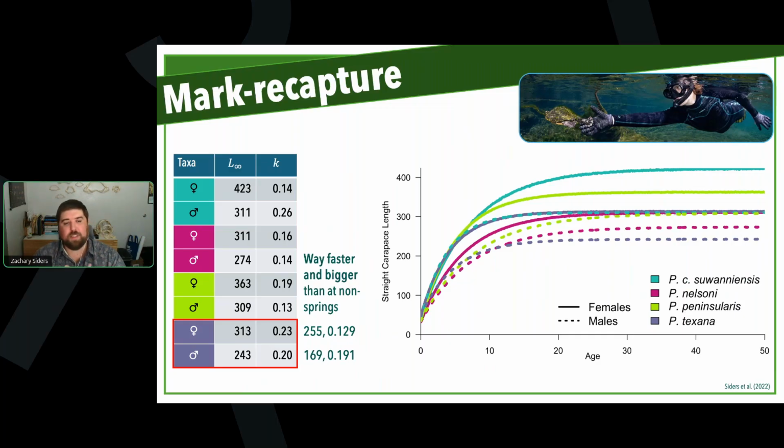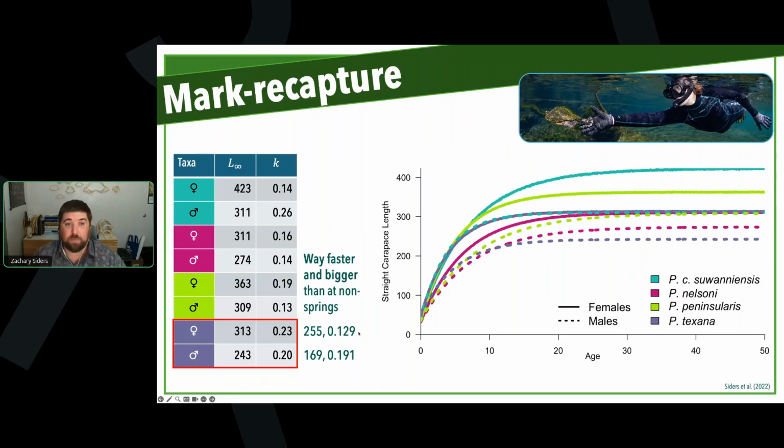What's cool about this system is that these are springs. They're thermally stable. They have really rich aquatic habitat in them. So for being a herbivorous turtle, these things get monster in the springs. And in fact, when we look at our Pseudomys texana here, we see that they're getting really, really big relative to their non-spring sites, which is in the green next to them.